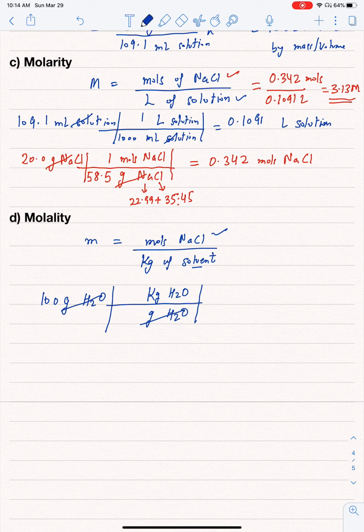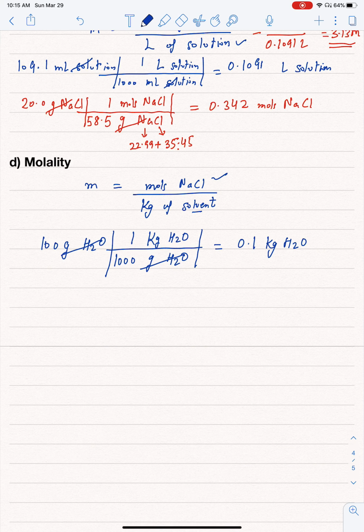So recall the relation between the kilograms and the grams. Remember, the kilo is just a prefix, which is 1,000. So 1 kilogram is actually going to be equal to 1,000 grams. So 100 divided by 1,000 is going to be equal to 0.1 kilograms of water. Okay, well, I do know both of these unknowns now.